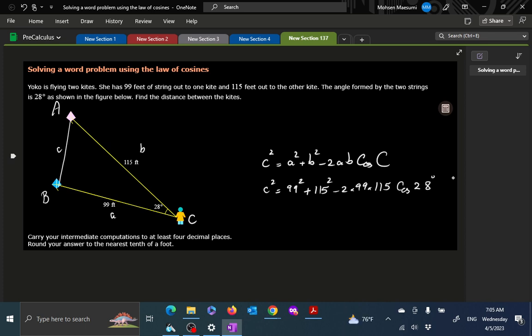So this is a straightforward application. There is nothing special to do, and we just need to calculate this and then we are done. So we go ahead and calculate c squared first.